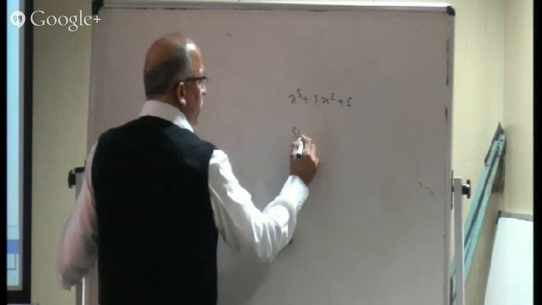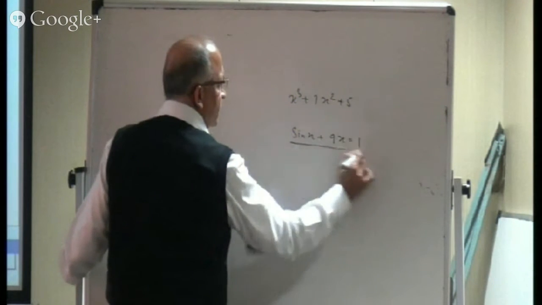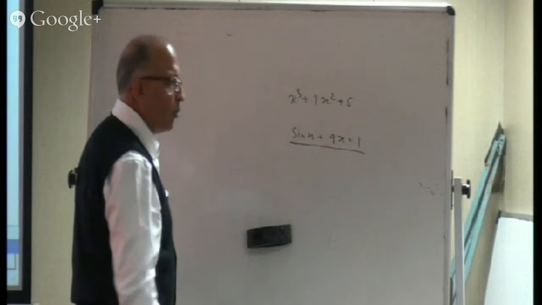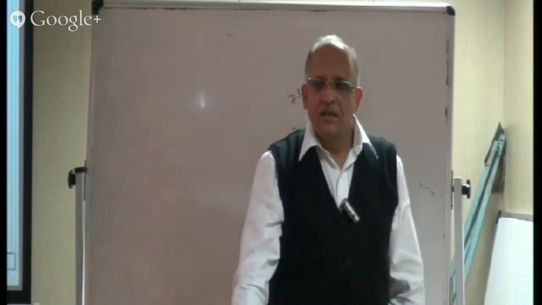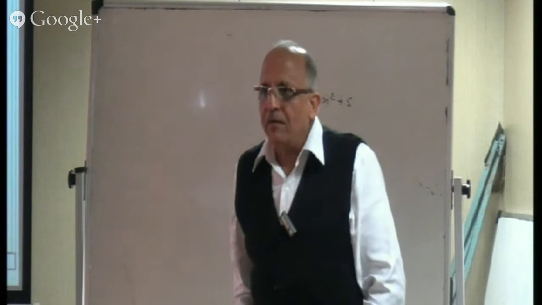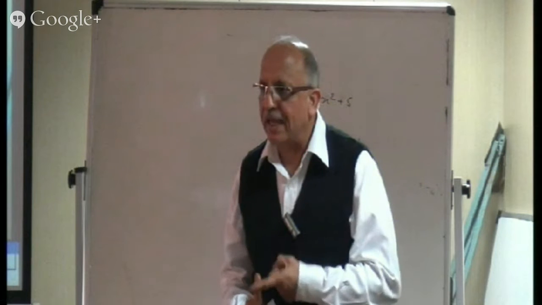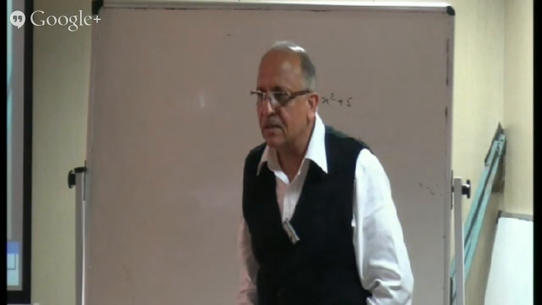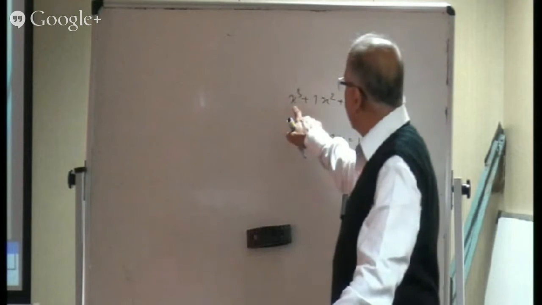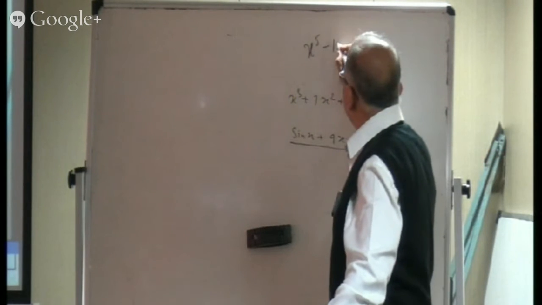This is not a polynomial because it involves sin x. So when I talk of a polynomial, you should have only powers of x, and that too positive integral powers. So this is a polynomial of degree 3. This is a polynomial of degree 5.